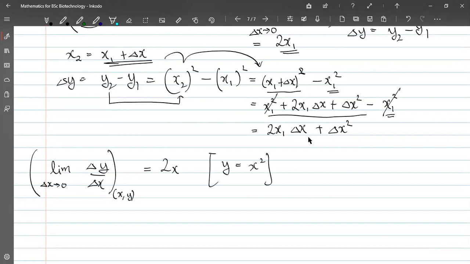Not for all functions, but for this particular function y equal to x square, this particular parabola. So when I put brackets here and say xy, it means you are evaluating this at the point xy. Okay.